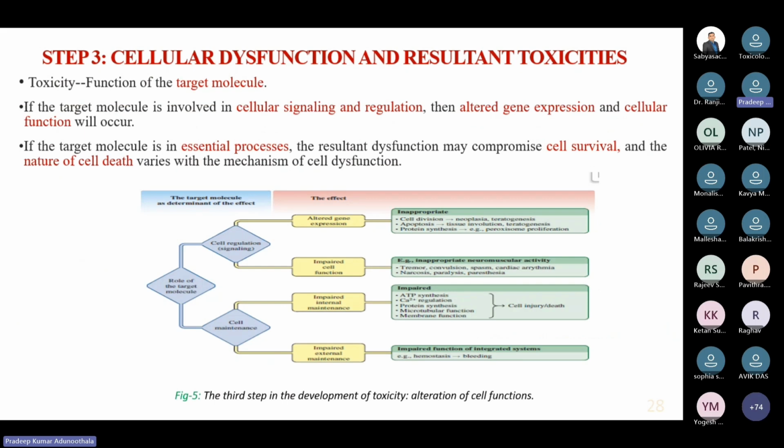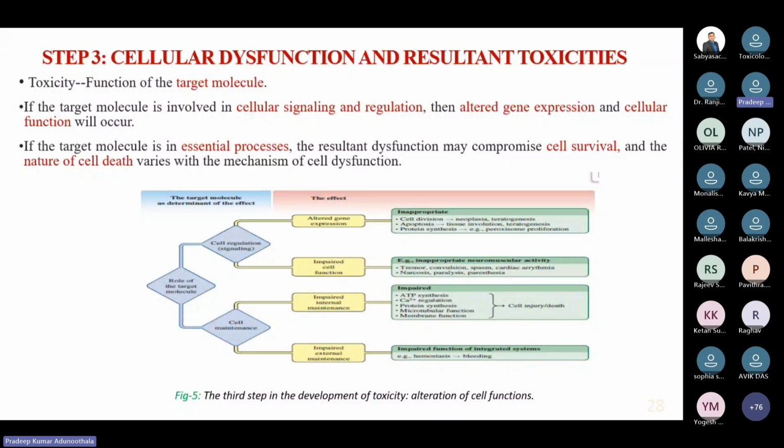As I said, this is the third step, cellular dysfunction and resultant toxicities. Toxicity-induced cellular dysfunction completely depends on the function of the target molecule, because based on the target molecule function, the toxicity will be induced by the chemical.